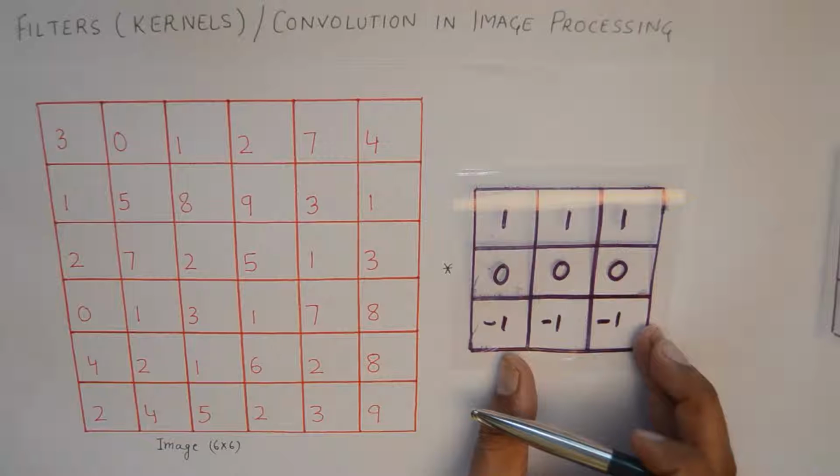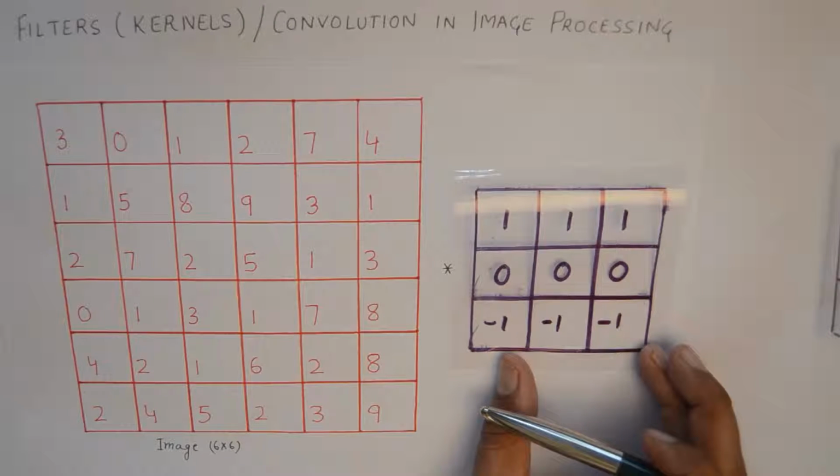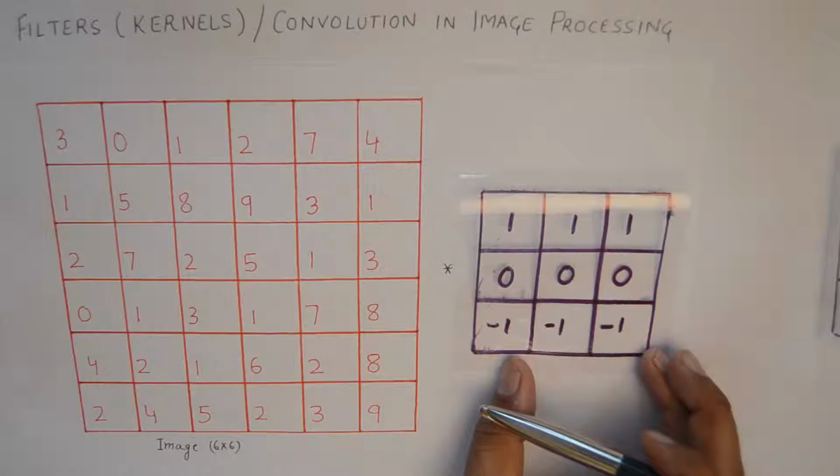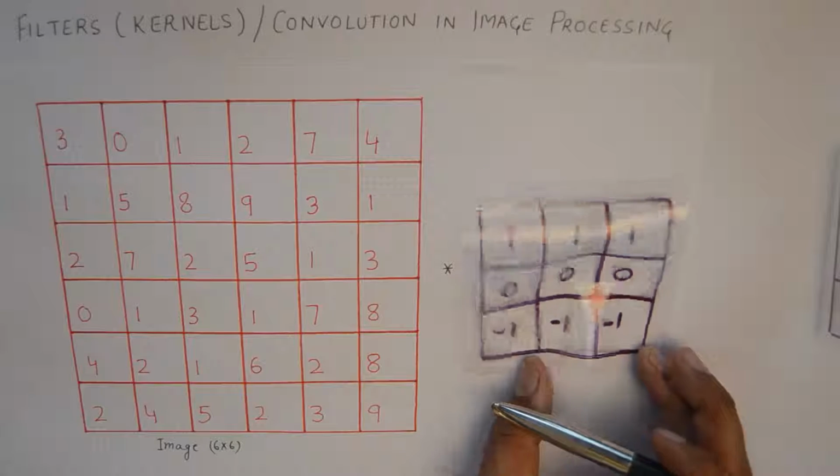If you look at this matrix, this is 1 1 1 in the top line and minus 1 minus 1 minus 1 in the bottom line. This is an example of a horizontal edge detector filter. So you can see a filter or a kernel is nothing but a matrix, and this is usually convolved with the image to get the desired result.